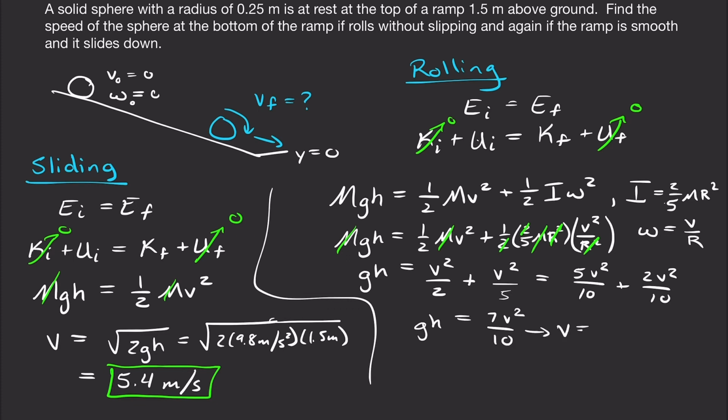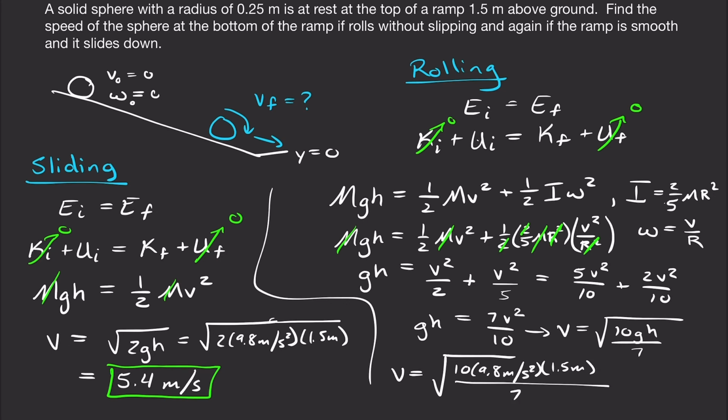And this will give us v equals square root of: multiply by 10, divide by 7, take the square root. If we plug that in, 10 times 9.8 meters per second squared times 1.5 meters, all over 7, we get 4.6 meters per second.